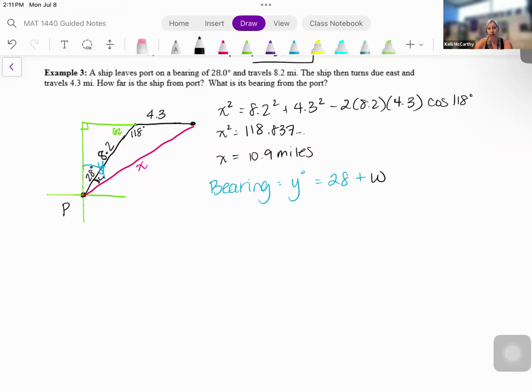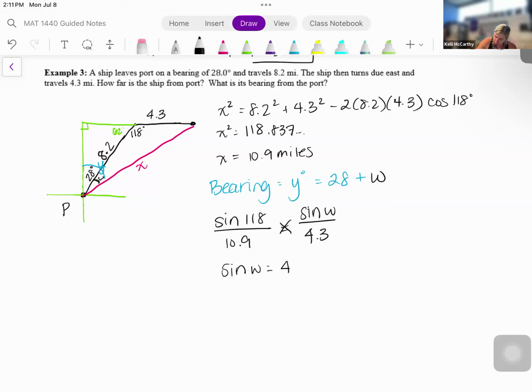If we look at that obtuse triangle we just created, we can use that to solve for W. And I can use law of sines to do that. So sine of 118 degrees over x, but we just found x was 10.9 miles, is equal to sine of W, which is what we're trying to find to figure out our bearing, and that's opposite a side length of 4.3 miles. We're going to cross multiply.